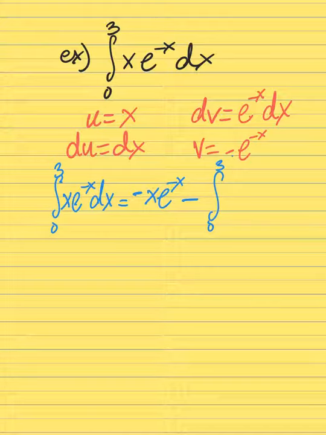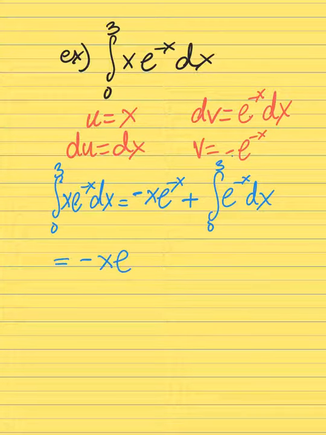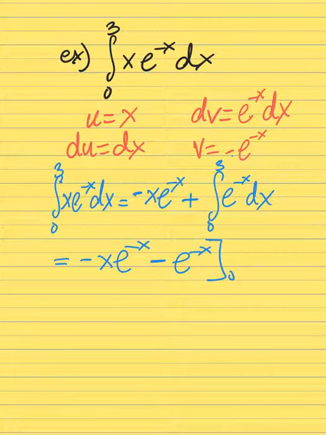Well, that negative is going to go there. Minus the negative becomes a positive e to the negative x dx. We already did this antiderivative. I still have this first part, negative x e to the negative x, minus e to the negative x. There's no plus c this time because it's going to go from 0 to 3.